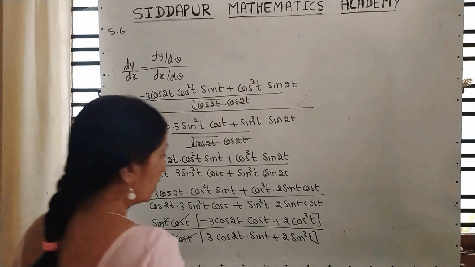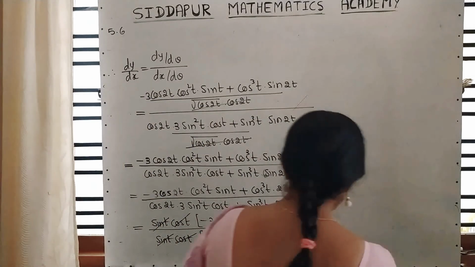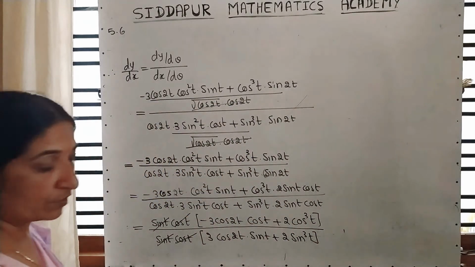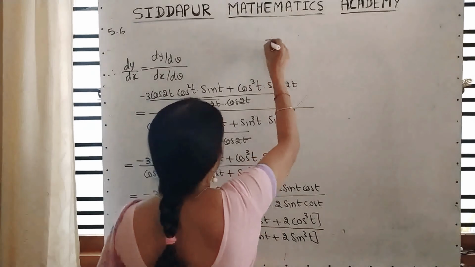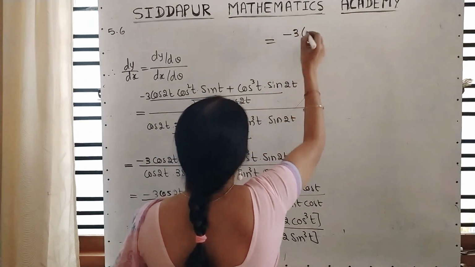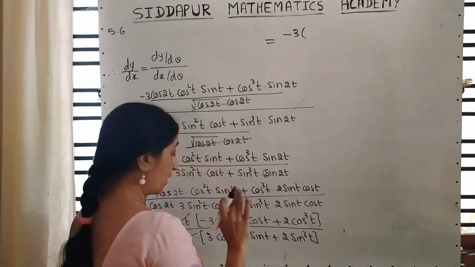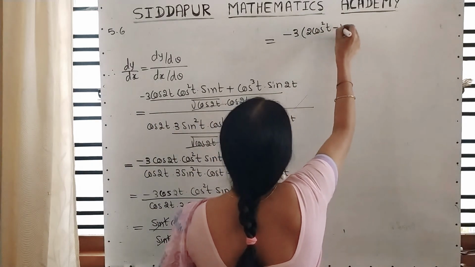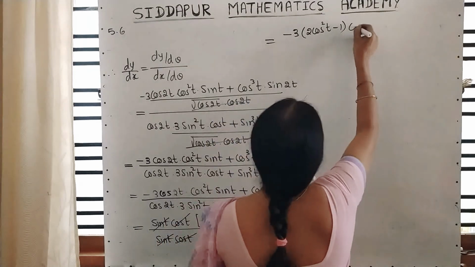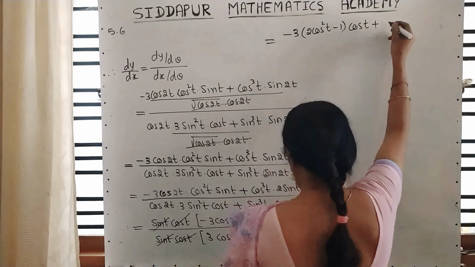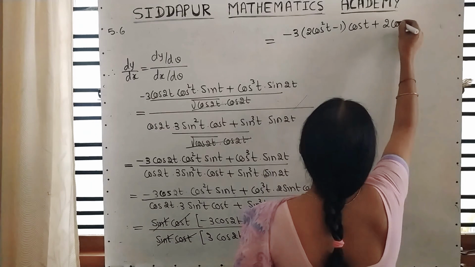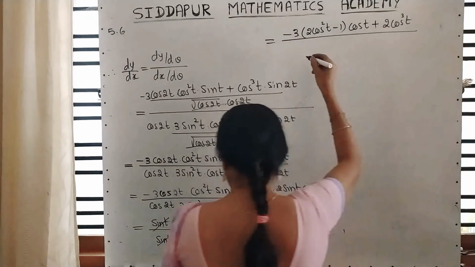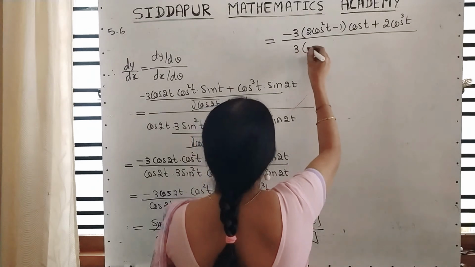Now here in the numerator we have cos cube t. Convert cos 2t in terms of cos with the help of formula. Minus 3 as it is, cos 2t. We have 4 answers. I am using this one: 2 cos square t minus 1, cos t as it is, plus 2 cos cube t, divided by 3 as it is.